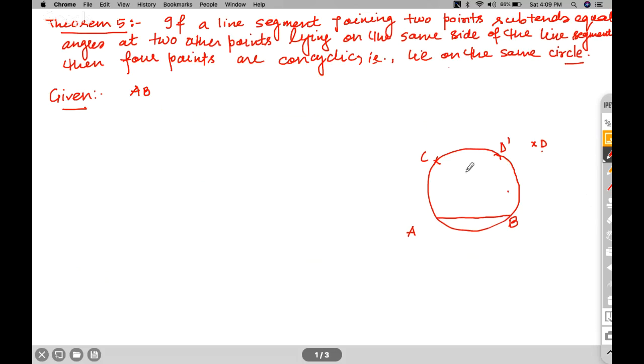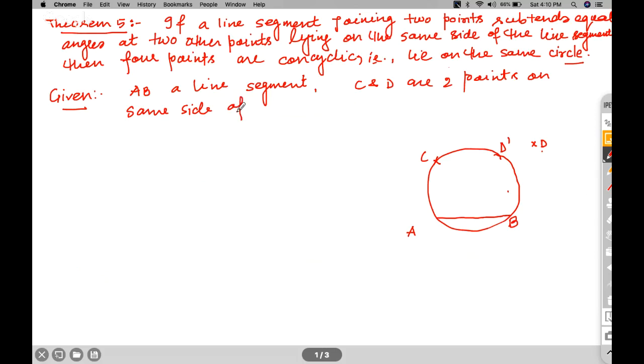So AB is a line segment and C and D are 2 points on same side of AB.